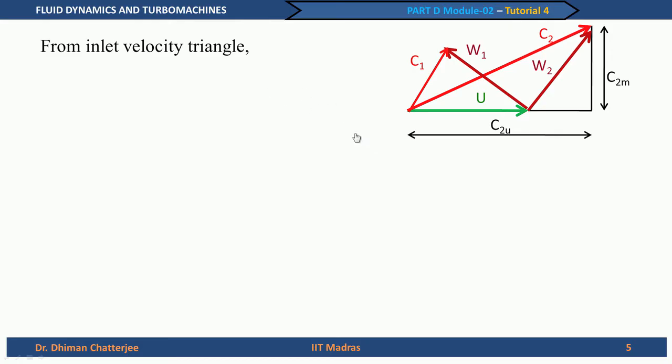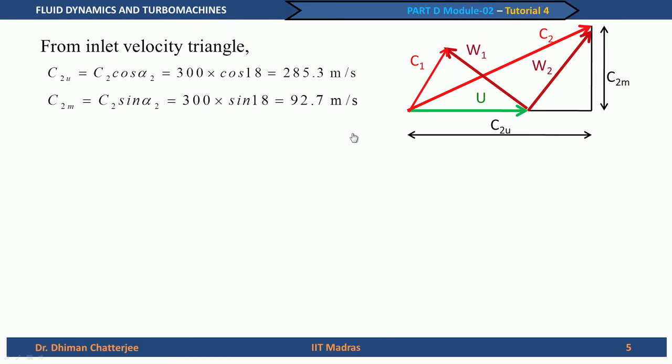From the inlet velocity triangle, C2U is C2 cos alpha 2, which is equal to 285.3 meters per second, and C2M is C2 sin alpha 2, which gives me 92.7 meters per second. So, we have got C2M and C2U. I can find out W2 using this right angle triangle.